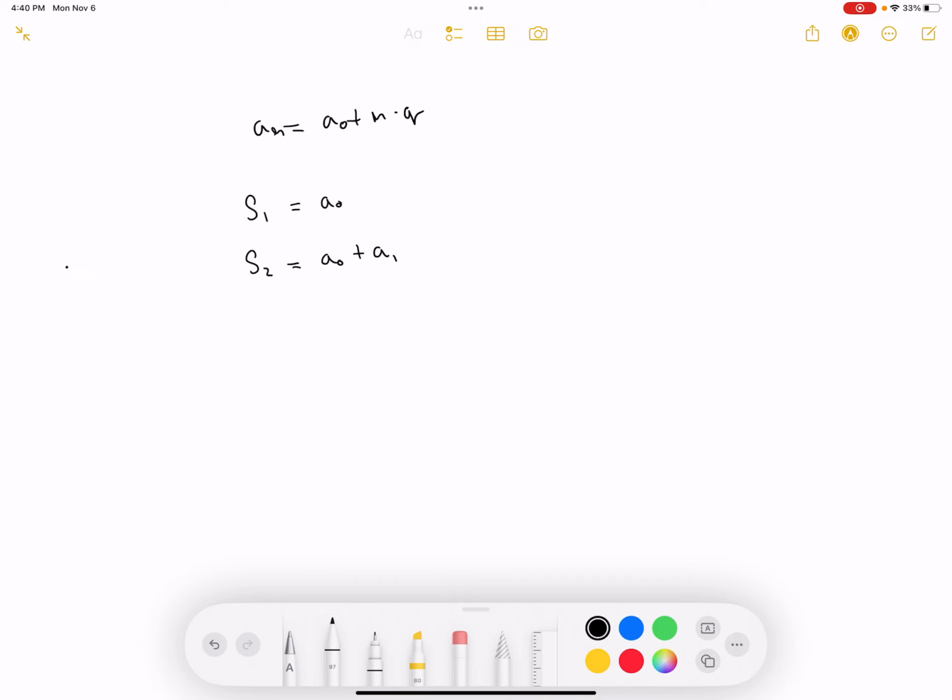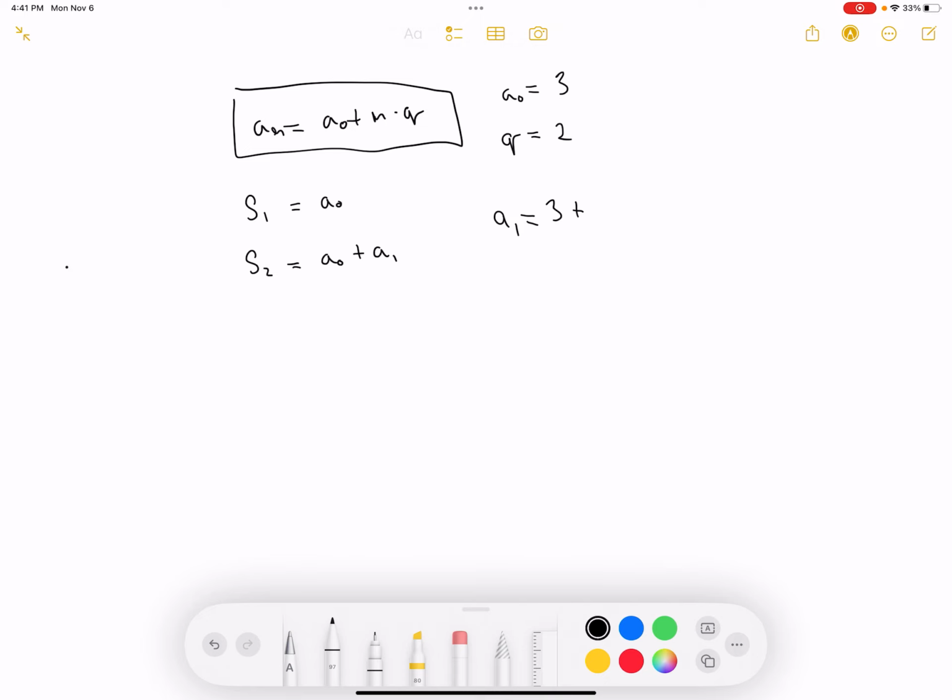So if, in our arithmetic sequence, a0 would be equal, let's say 3, and the q would be equal to 2, then a1 would be 3 plus n times q.